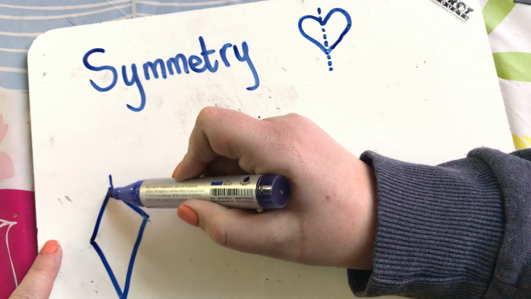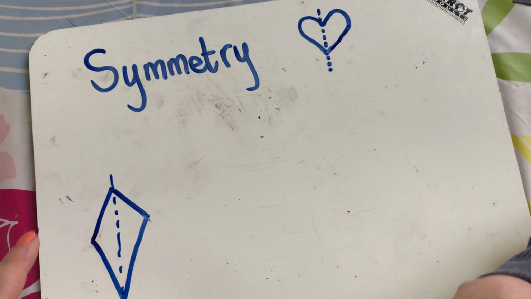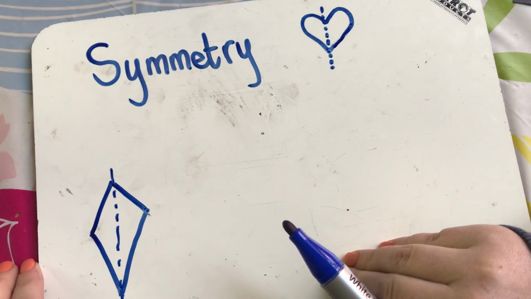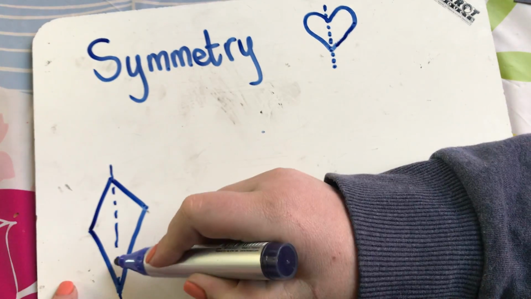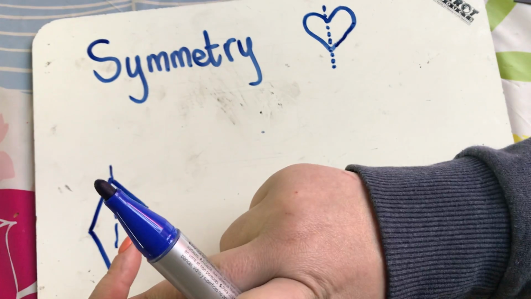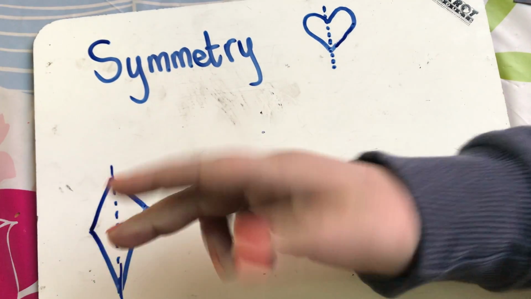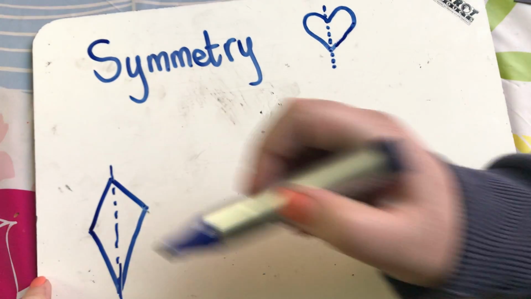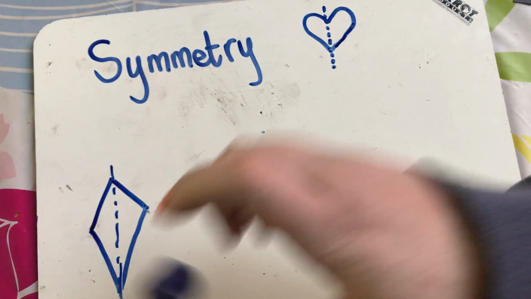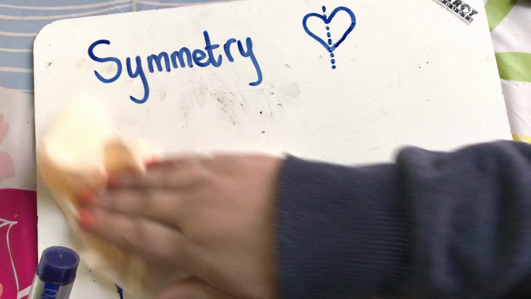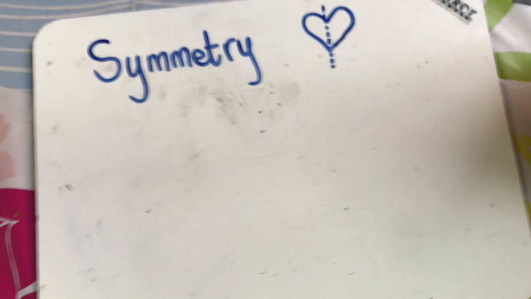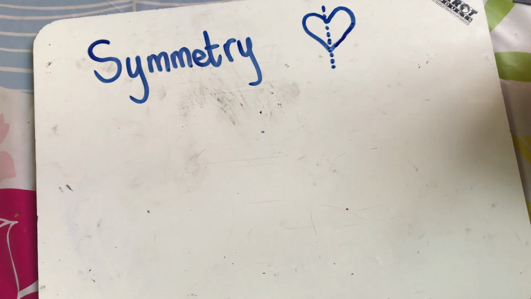You can say the line of symmetry is running this way, because I can fold it that way, like this, without being able to see the other side, but I cannot fold it like that, this side over this side, because the bottom is longer than the top. So this shape's line of symmetry runs through the middle from the top to the bottom. So first things first, you must be able to show me a line of symmetry. We're going to do a worksheet on that, and there I will explain to you further.